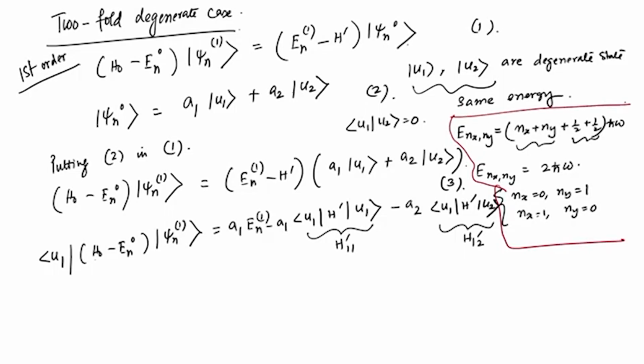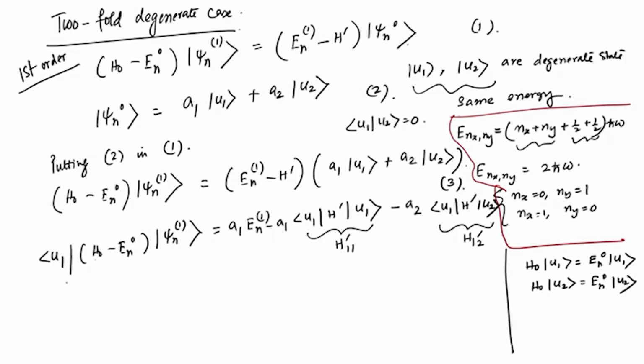Okay, so, this is separate, and so with this you also have H0 U1 equal to En0 U1 and so on, okay, and H0 U2 is the same as En0 U2.